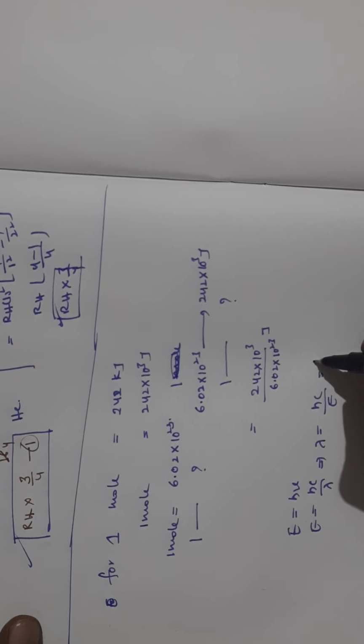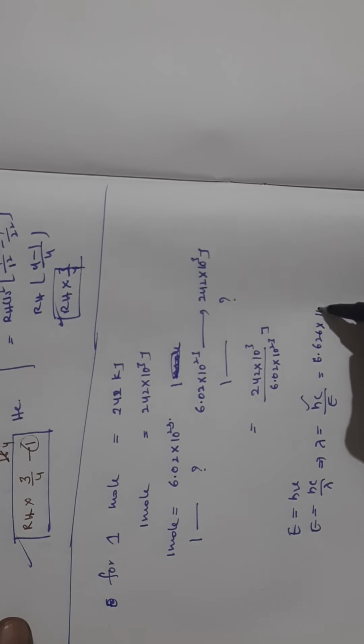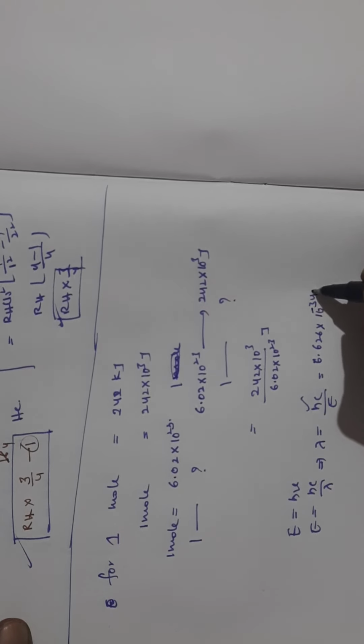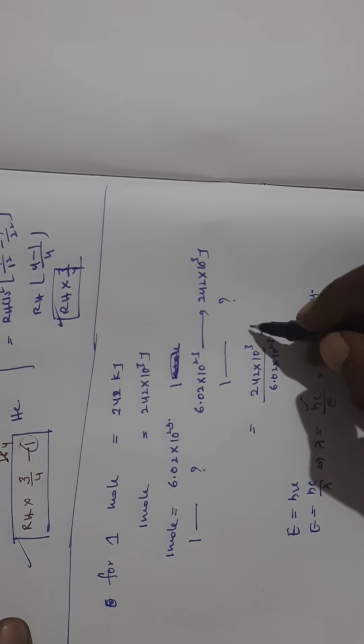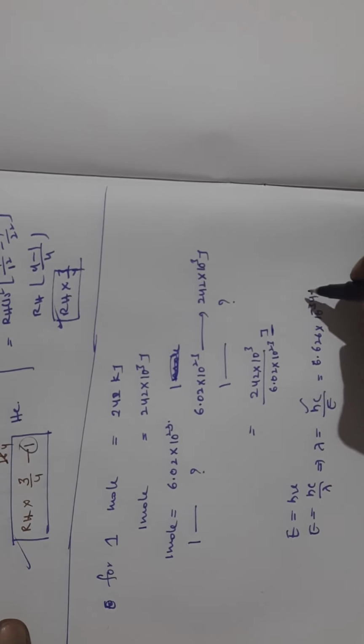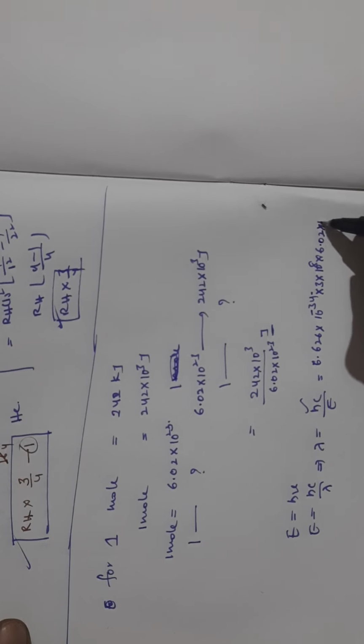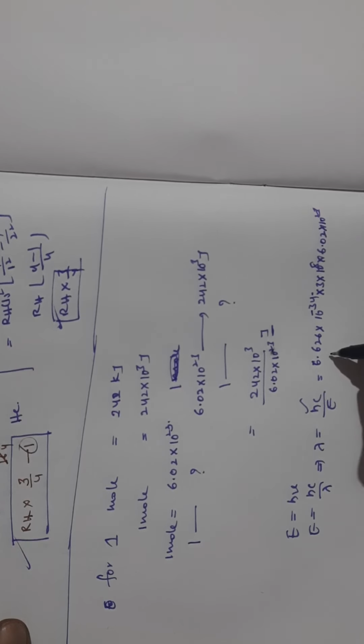So h value is Planck's constant, which is 6.626 into 10 to the power of minus 34 joule second, we have to take, because here energy is mentioned in joule, and c is 3 into 10 to the power of 8, and 6.02 into 10 to the power of 23.